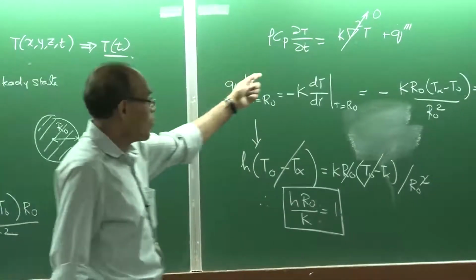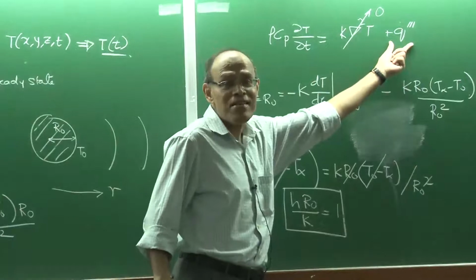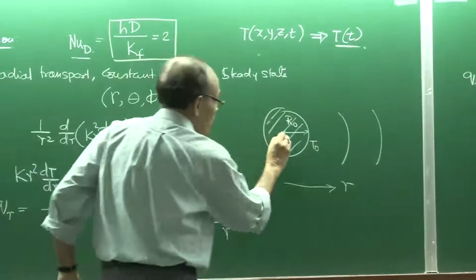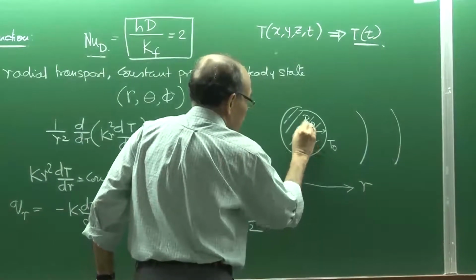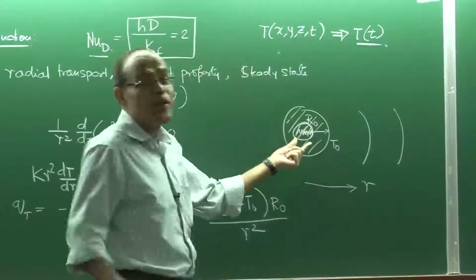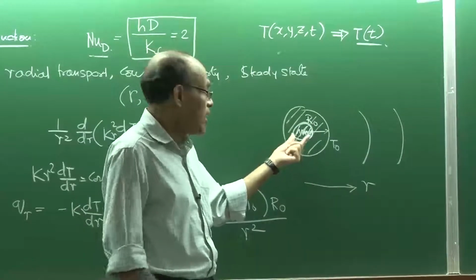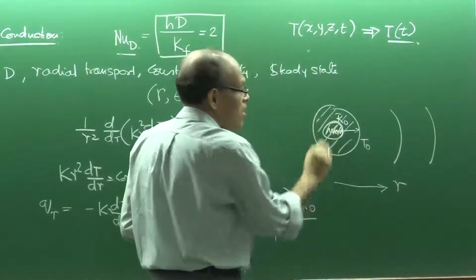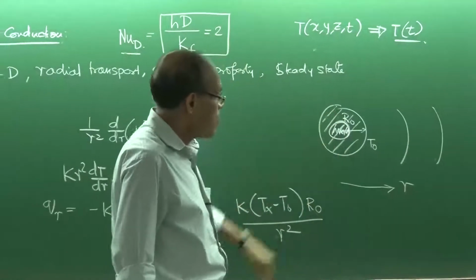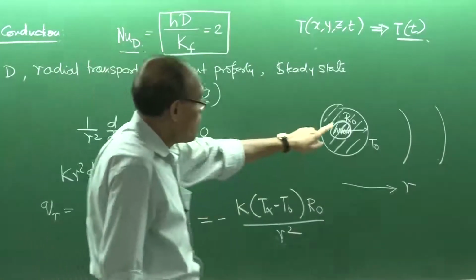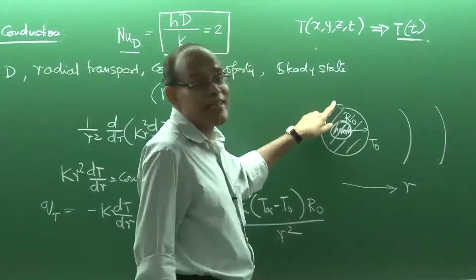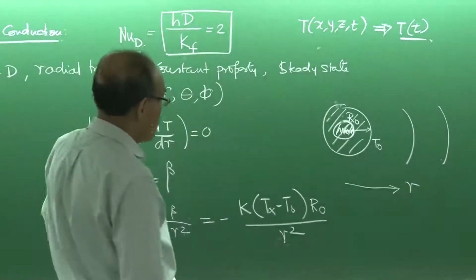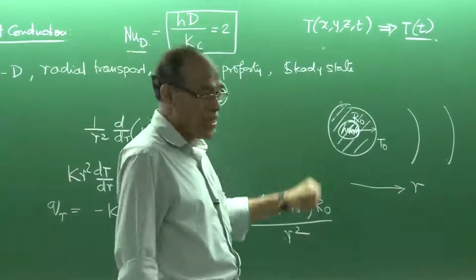For example, you can integrate this equation if this parameter is given. Suppose I am taking a sphere here, and there could be another sphere which could be heated, and as a result is maintained at the same temperature. I am saying this body has a very large thermal conductivity. In that case, we can say that from here to here there is negligible temperature gradient. The body has a constant temperature as such, provided the Biot number is very, very small.